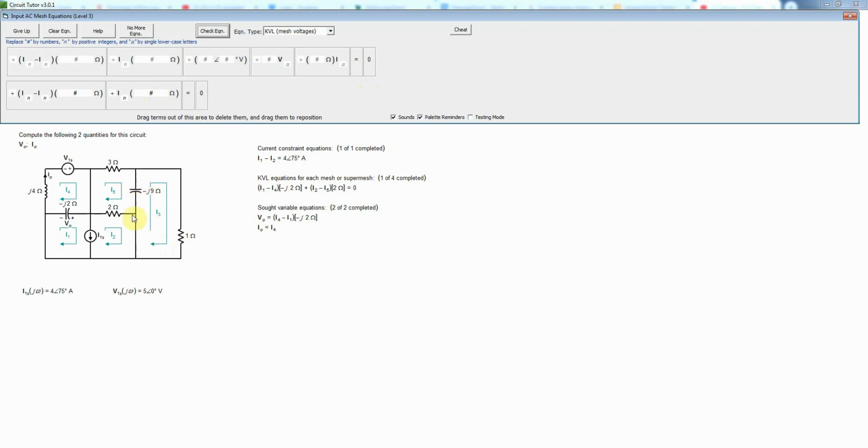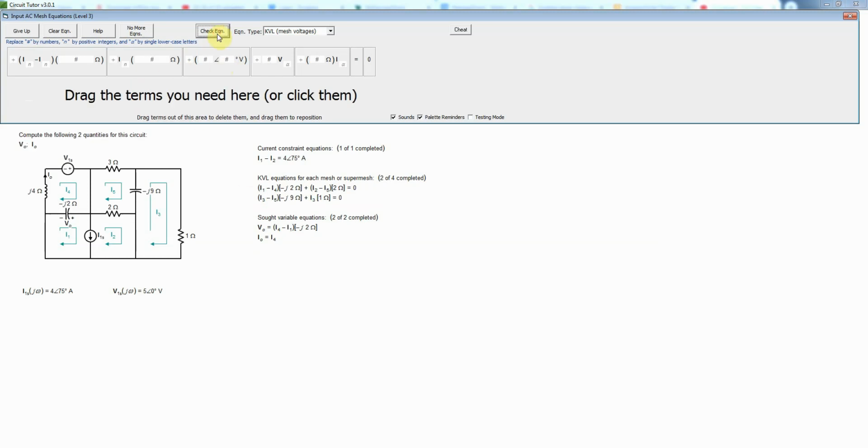And so the first term would be I3 minus I5, which is net current going up, times the impedance, again a capacitive impedance, negative J9 ohms. And then coming back down here, going in a clockwise direction, we just have I3 times the 1 ohm resistance. So that was our KVL equation for mesh 3.